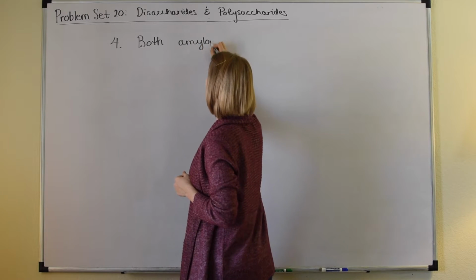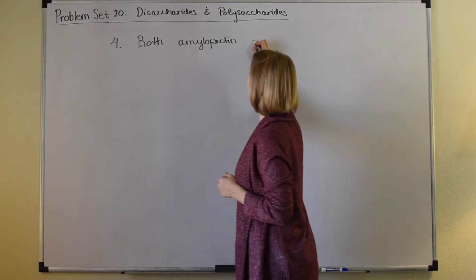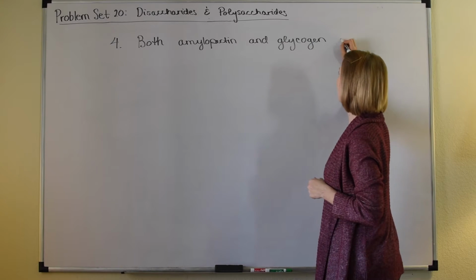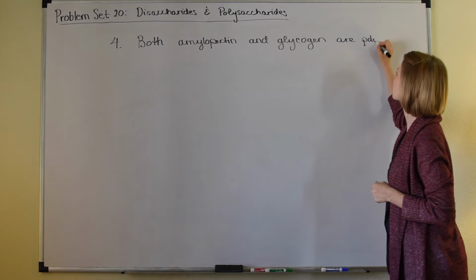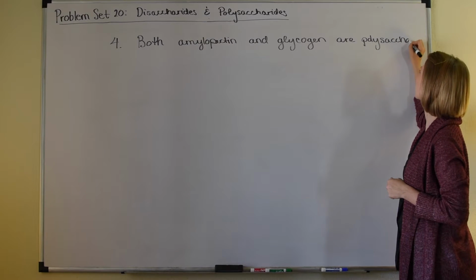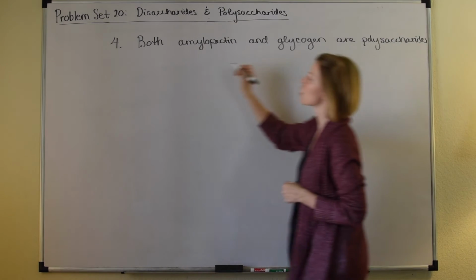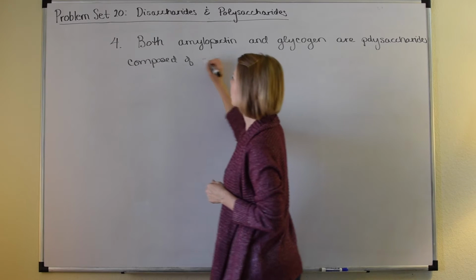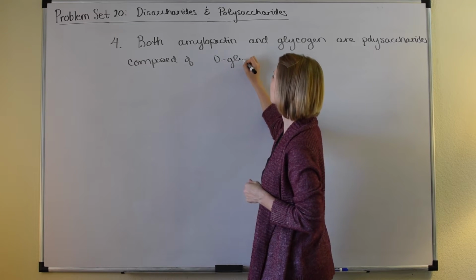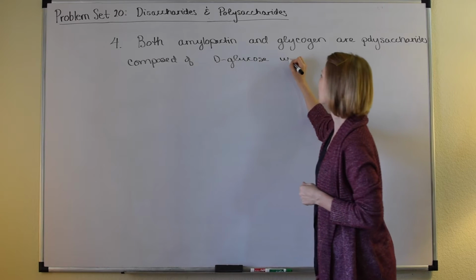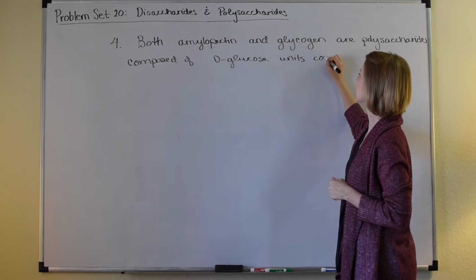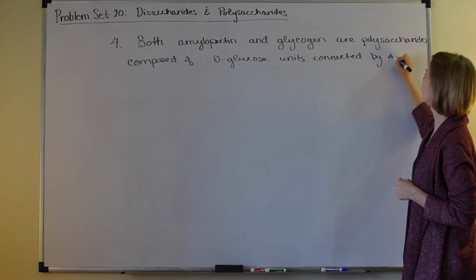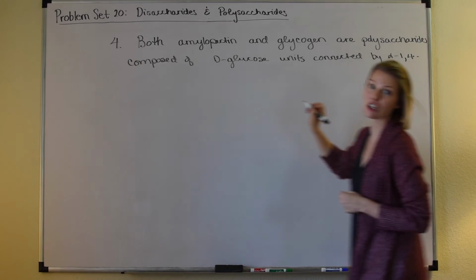So it's right up here that both amylopectin and glycogen are polysaccharides composed of D-glucose units connected by alpha-1,4 glycosidic bonds.